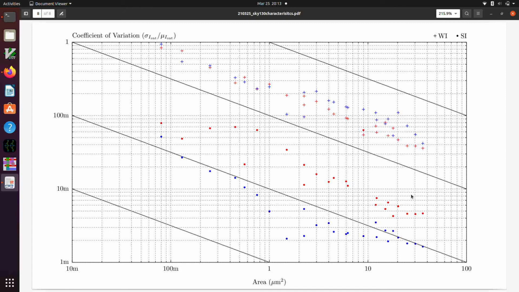And to get into the 10% range for weak inversion, you have to make them kind of in this 10 square microns or larger range.